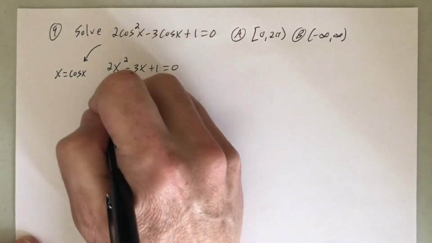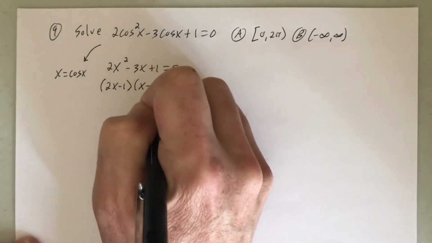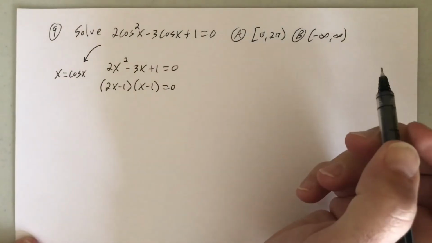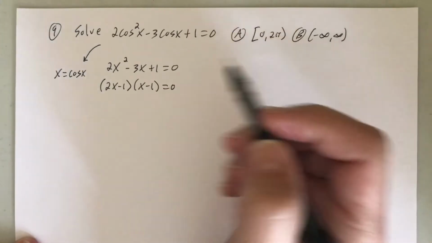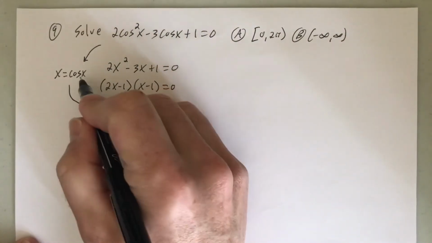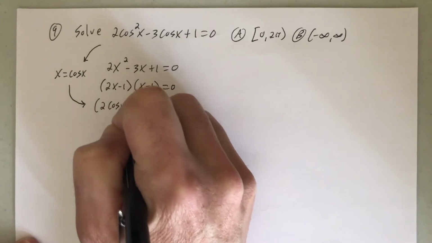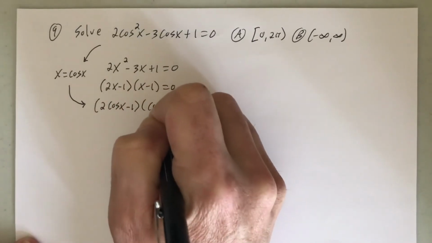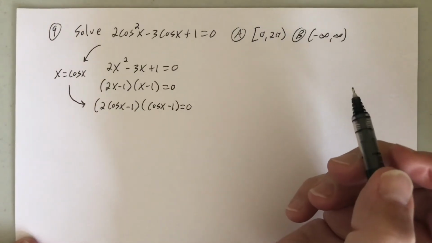And when I factor that, I get 2x minus 1 times x minus 1 is equal to 0. Again, you can go back to one of my factoring videos on my YouTube channel if you need to look at that. And then we're going to replace the x with our cosine x to get back to our original problem. So 2 cosine x minus 1, and then cosine x minus 1 is equal to 0.